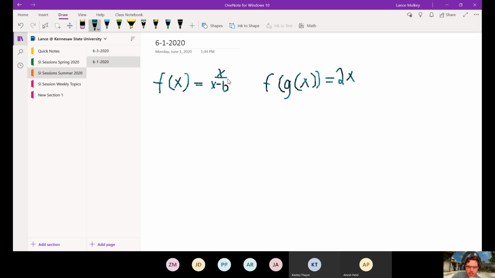So you're plugging in a g of x that gives you this. But you don't need to set it up like that. That's the wrong way to set it up.